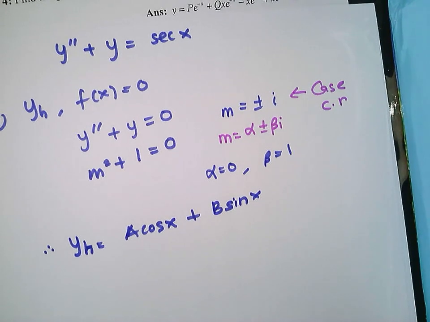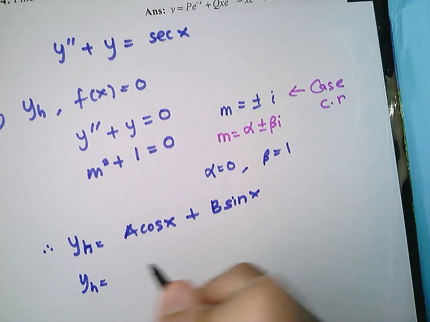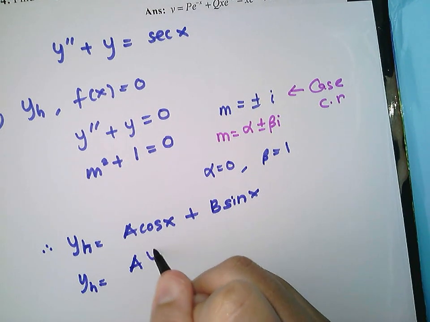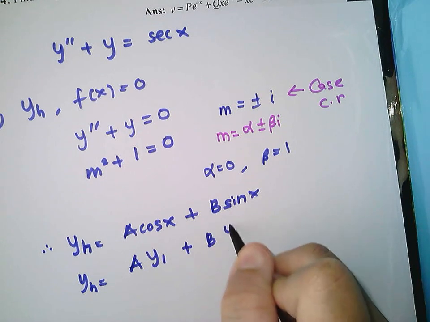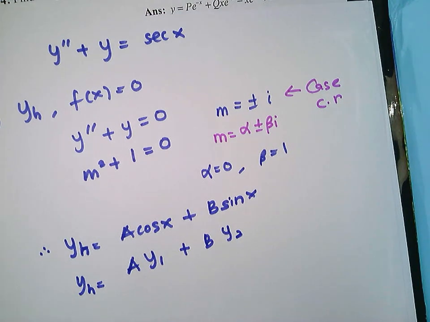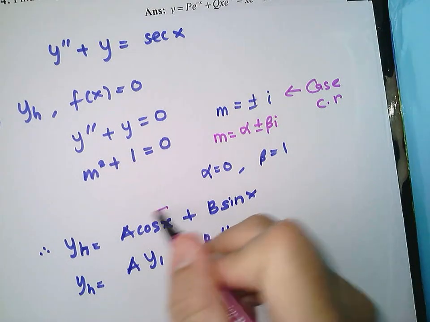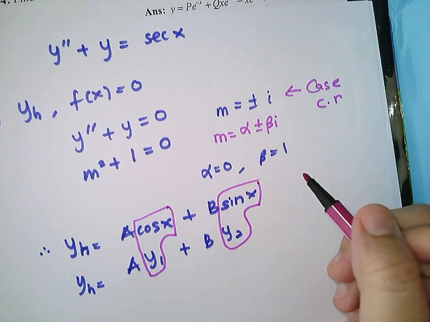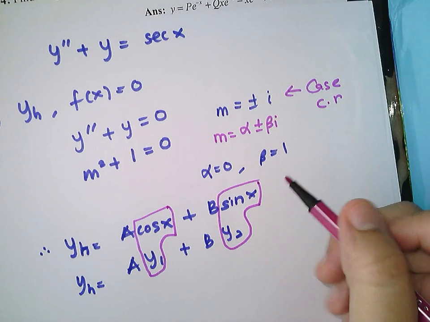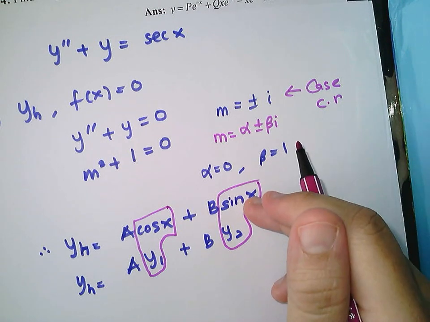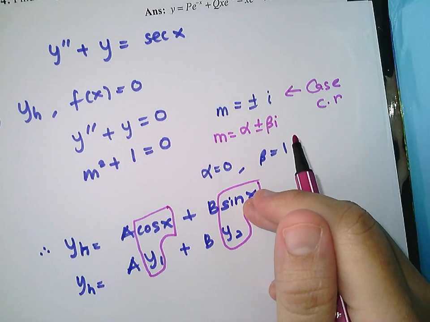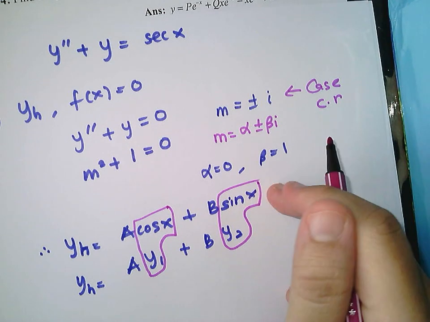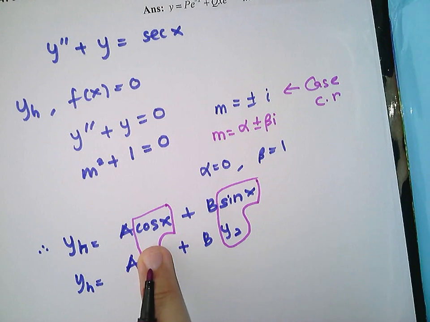Now proceed to the next one. Identify your y1 and y2 based on your YH by rewriting it as a y1 plus b y2. So you know that your y1 is equals to cos x and your y2 is equals to sin x. For this case you cannot simply change your y1 and y2, because this is your YH.